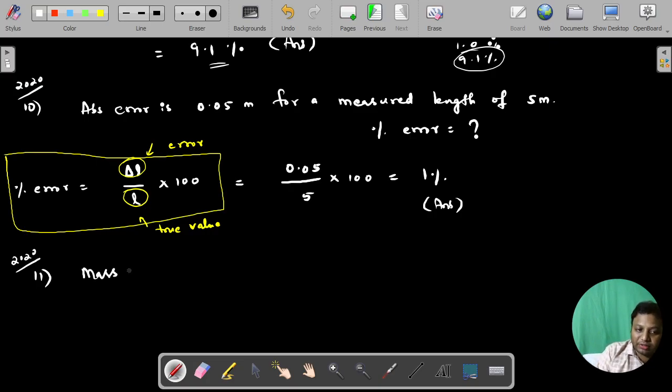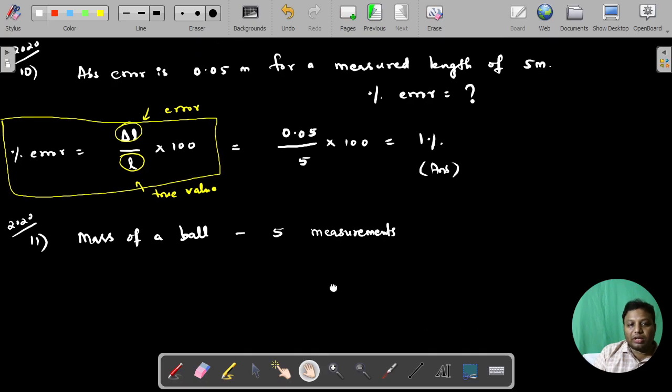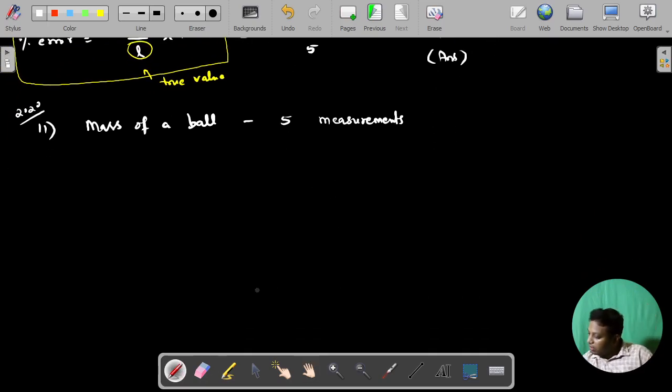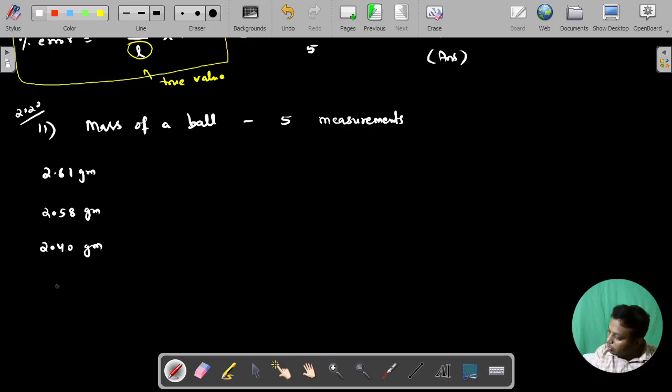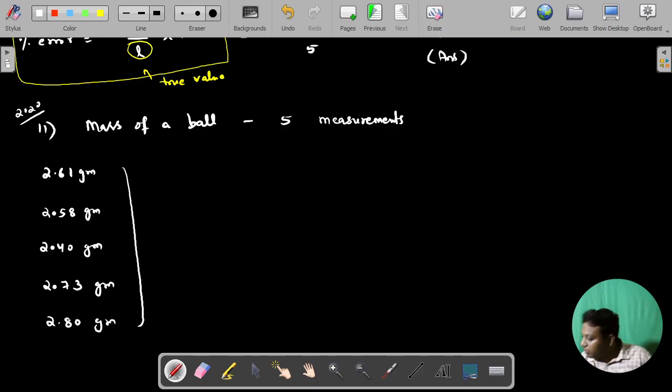Five measurements are given in the problem: 2.61 grams, 2.58 grams, 2.40 grams, 2.73 and 2.80 grams.